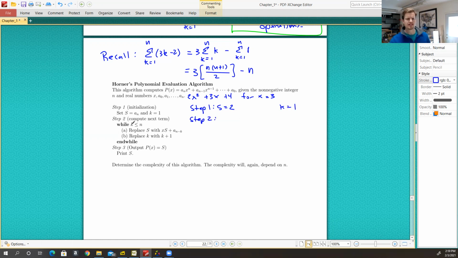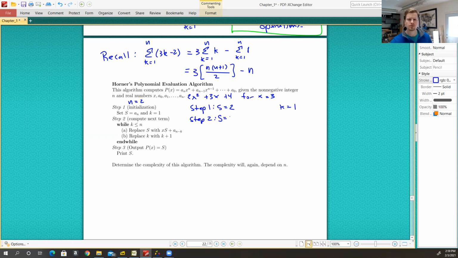So our comparison is k less than or equal to n. Well, n is equal to 2 in this case, so is 1 less than or equal to 2? Yes. So we're going to find a new value for s, and we're going to increase the value of k. For the value of s, we're going to multiply s by x and then add the next coefficient.